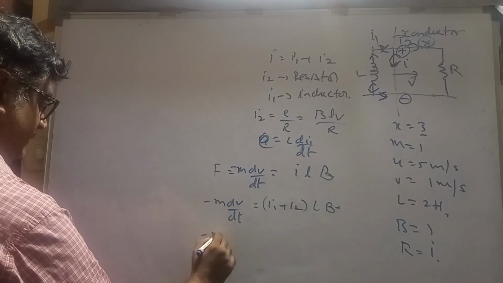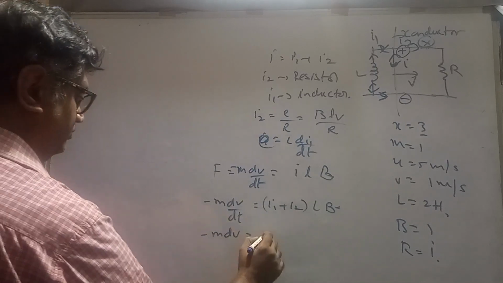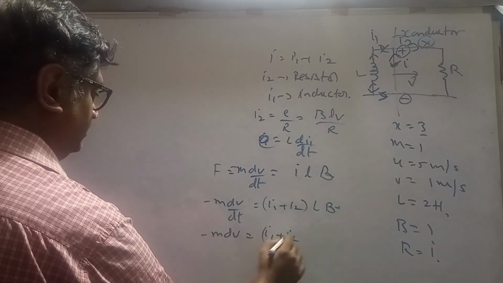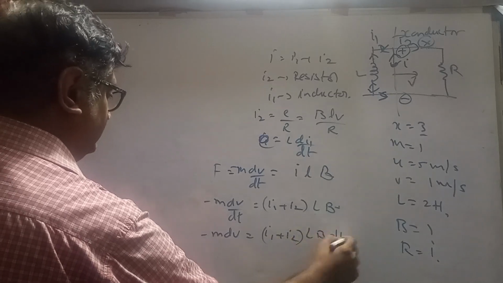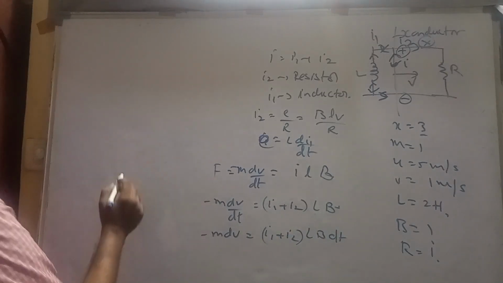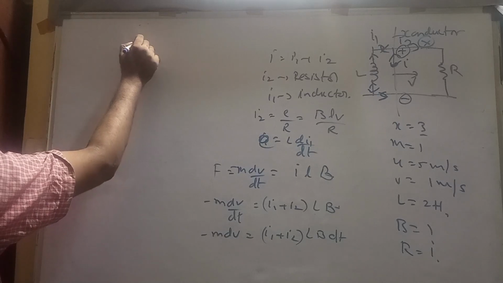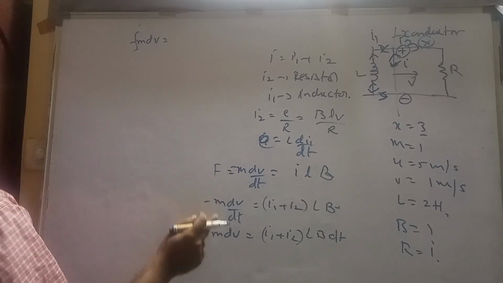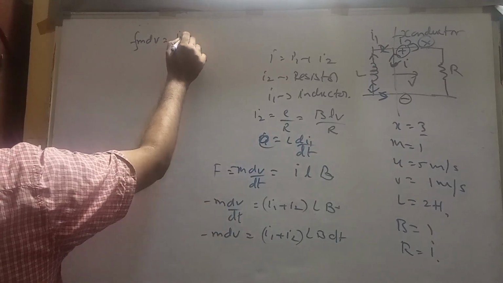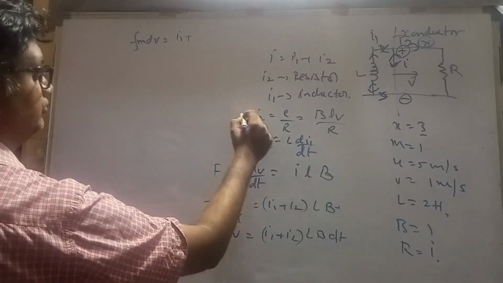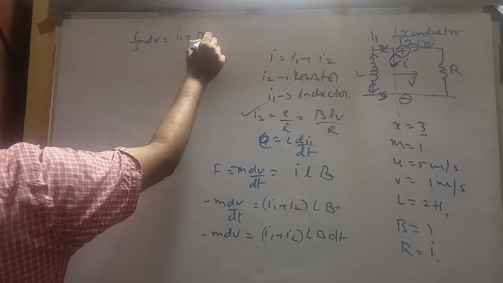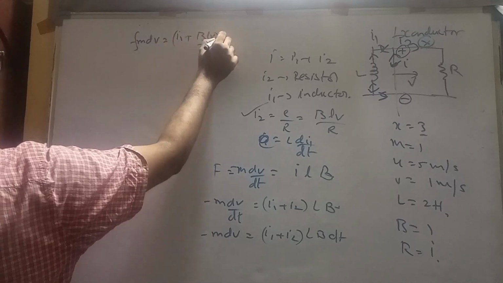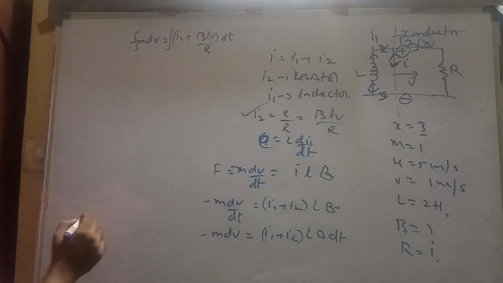So this becomes m dv is equal to I1 plus I2 LB dt. Let me simplify it over here. M dv integration is equal to I1 plus I2 we have just calculated. For I2 we will use this formula, BLV by R into dt integration.